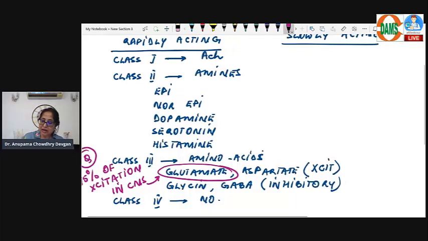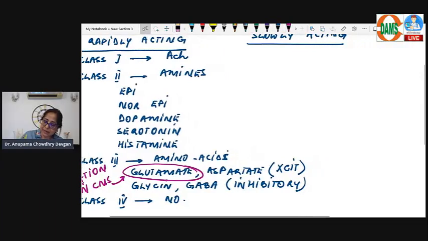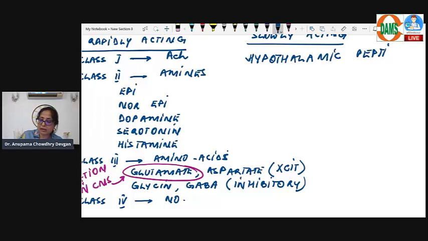Which are the large molecule and slowly acting neurotransmitters? Now, these can be hypothalamic peptides. The hypothalamic peptides are GnRH, gonadotropin releasing hormone, and TRH, thyrotropin releasing hormone.